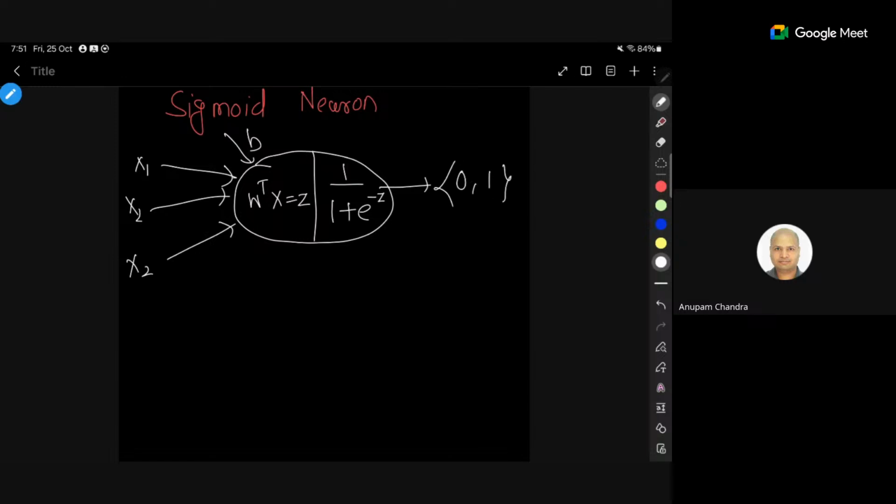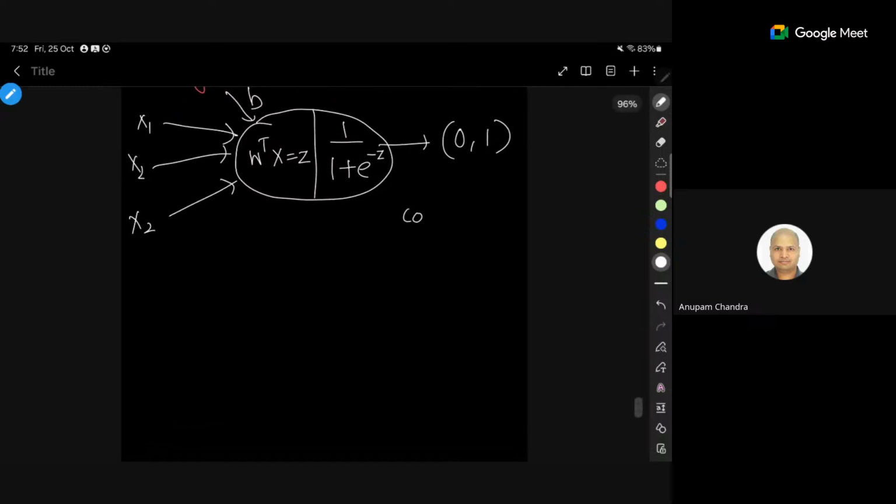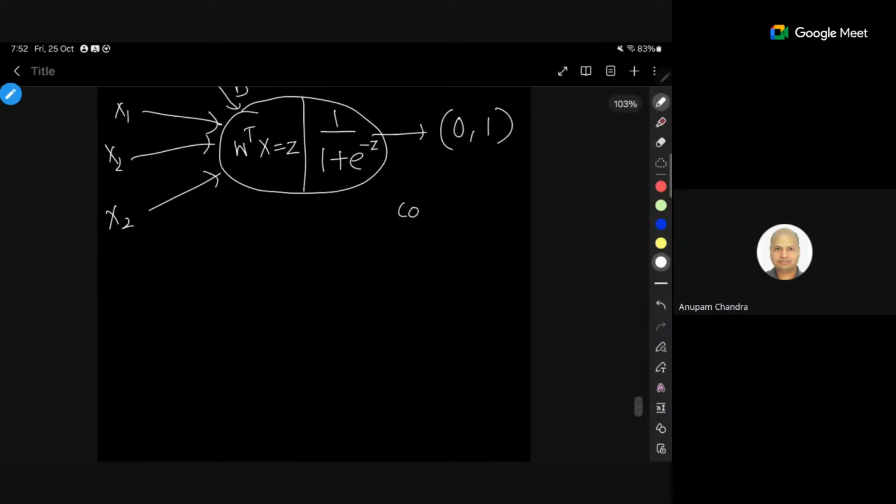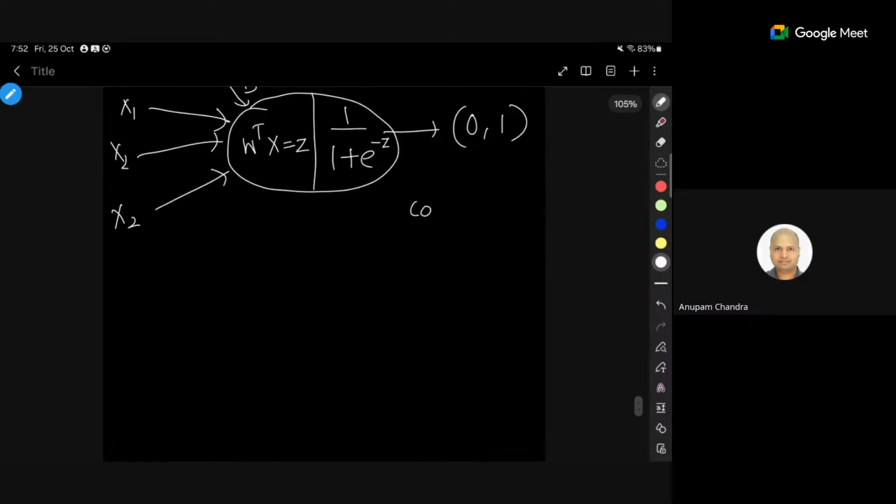The range is 0 to 1, but now it is continuous. 1 is kind of impossible, and 0 as well; it converges to that point but might not reach it.